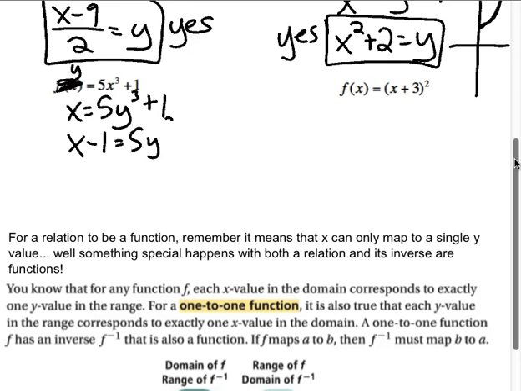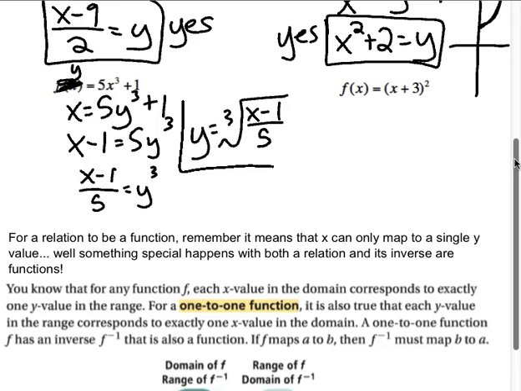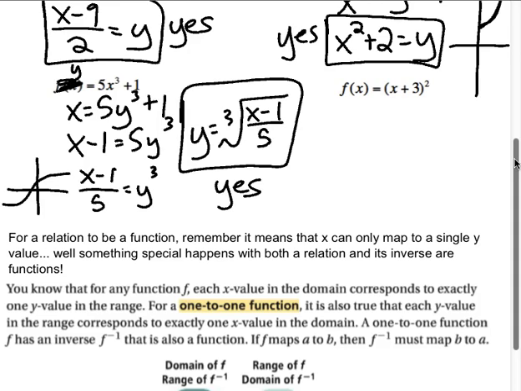Subtract 1, divide by 5, and now cube root. And if we're picturing a cube root function, that's going to be something that looks like that. Again, a cube root function is going to pass the vertical line test. So it does pass the vertical line test, or again, the other thing that you'll notice is it did not get the plus or minus, so it's not getting all messed up.